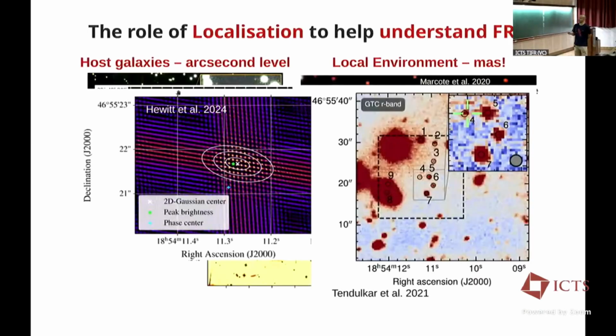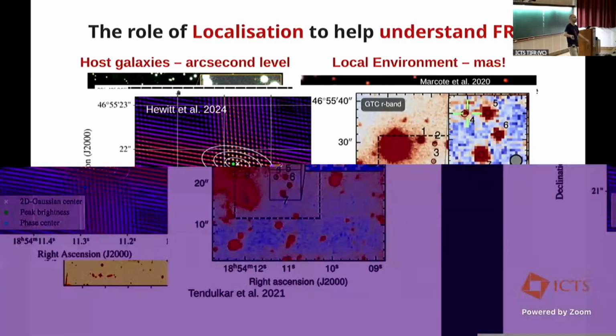Now the localization here already illustrates a bit of a problem with localizing FRBs, because we have a very sparsely filled UV plane, which we'll get to again later on, and sometimes all you get is a dirty image like this, where you cannot tell which of these side lobes is the location of the FRB. So in this case, we fit a 2-dimensional Gaussian to this cross pattern, and we have a region.